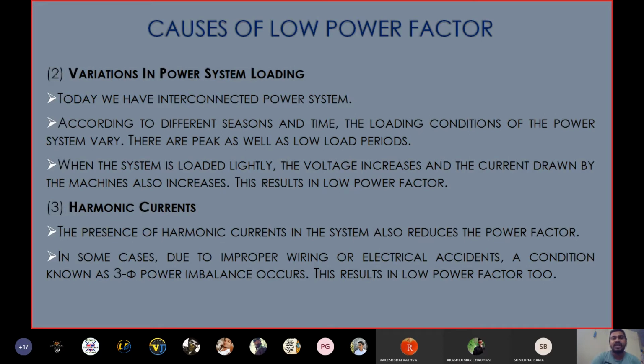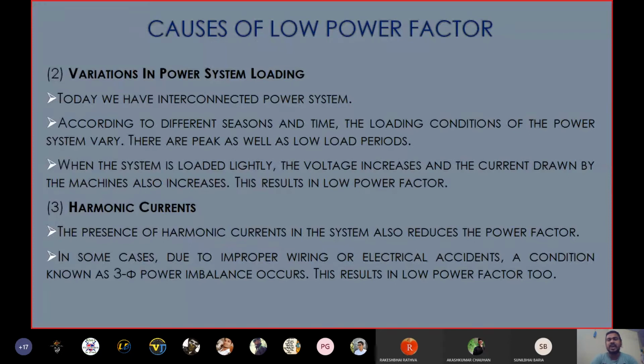So as the power system loading varies, the power factor will change. At light load, it results in low power factor.